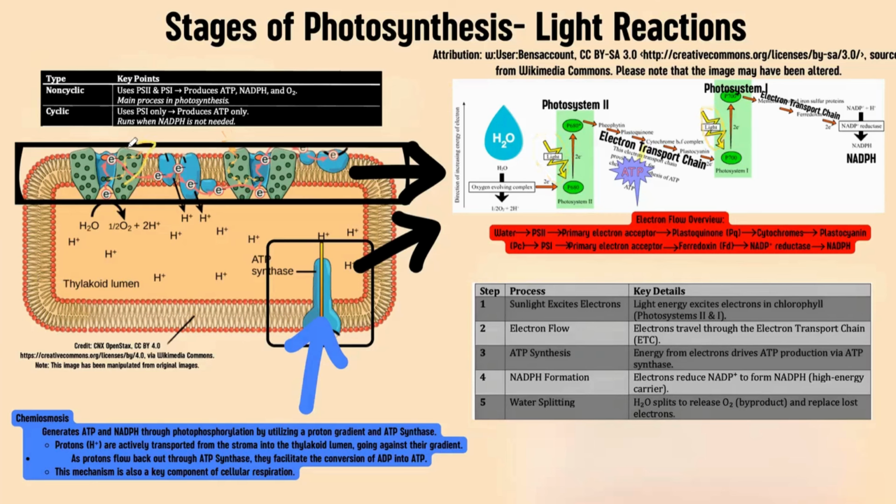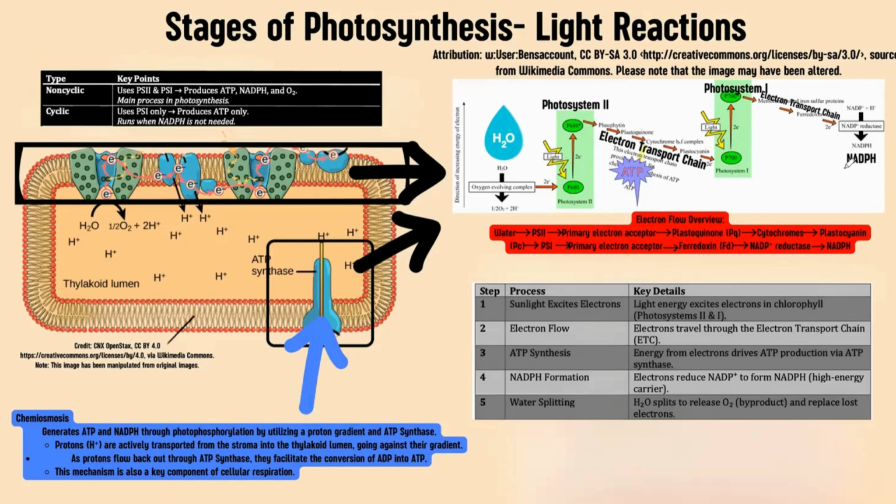It's the conversion of light energy into chemical energy. Remember, energy can't be created or destroyed, it's just converted. So what's going to happen is you have the creation of ATP and NADPH, which are the energy conversions that we have here. Our initial inputs include light and water, H2O, and the outputs are going to be that ATP and NADPH.